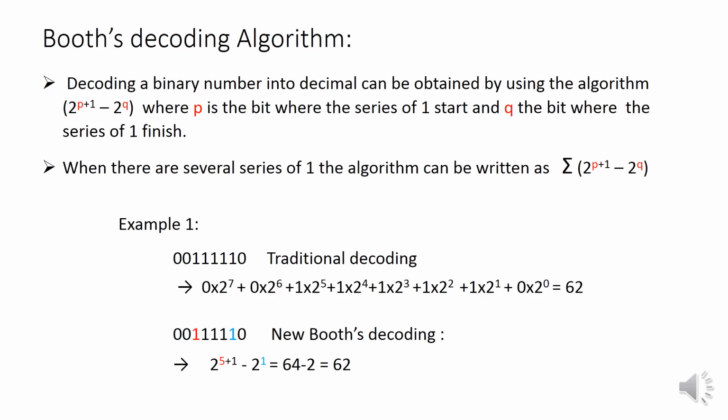Suppose that this is the number that contains this series of ones. In the traditional conversion, we do this and we obtain 62. But with the new Booth's algorithm, the coding is much shorter. This is the algorithm.